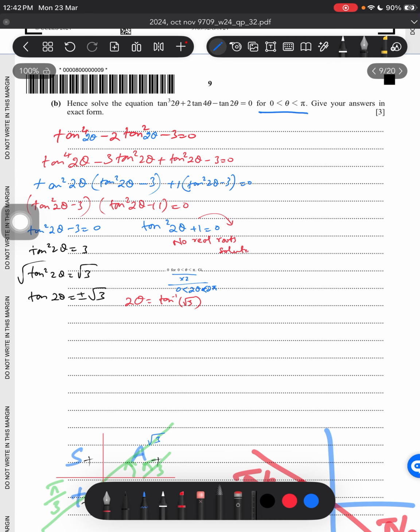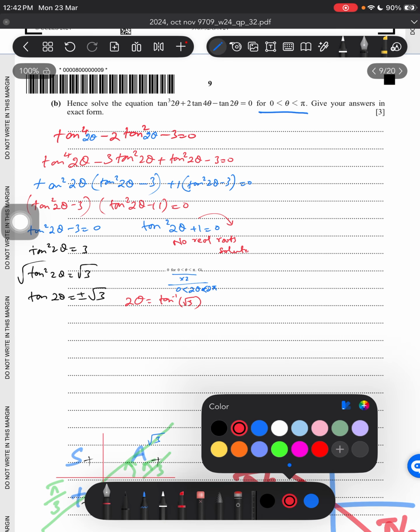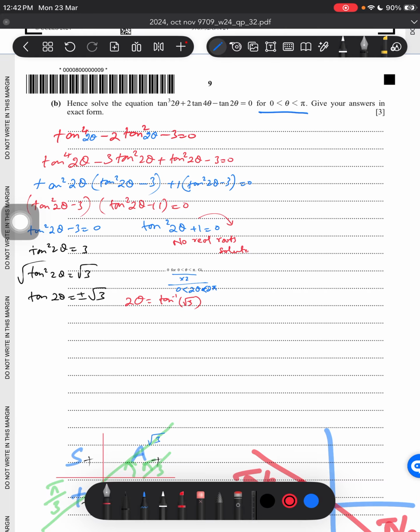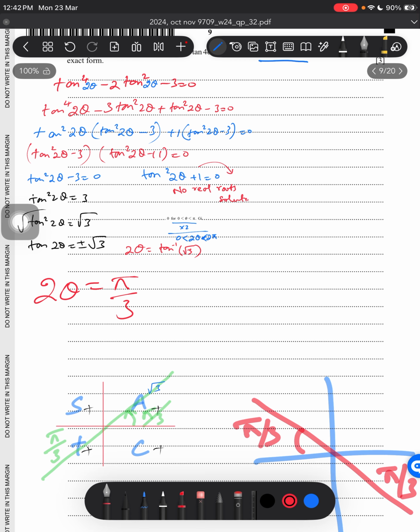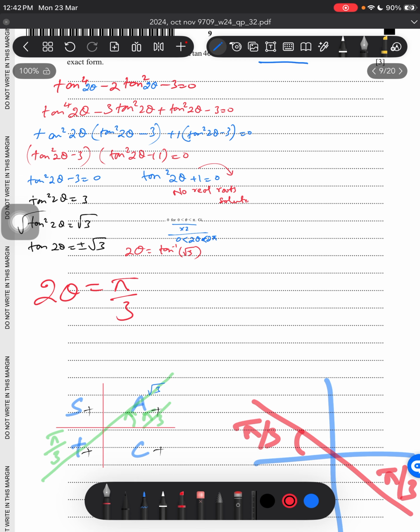So calculating both, first of all, let's do the working for the positive one, 2 theta. We know the first value is pi by 3. And the other value would obviously be from here to here. So over here is pi, we need to add pi to pi by 3.